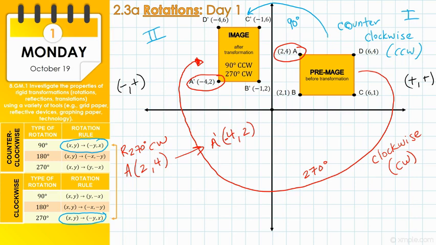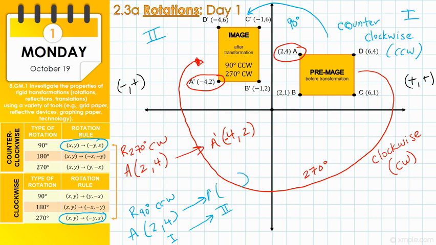If we look at the same rotation, a rotation of 90 degrees counterclockwise, we're moving one quadrant away. 2, 4 is in quadrant 1. I'm moving from quadrant 1 to quadrant 2.